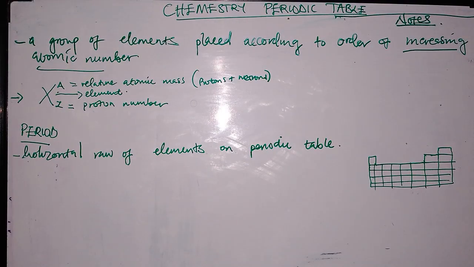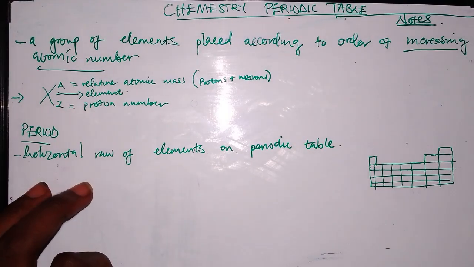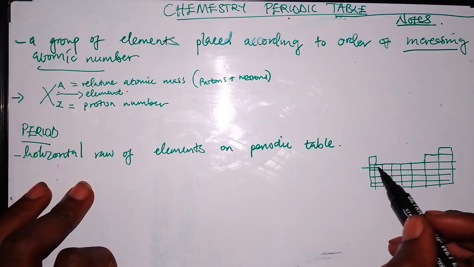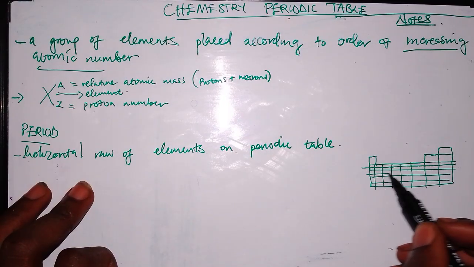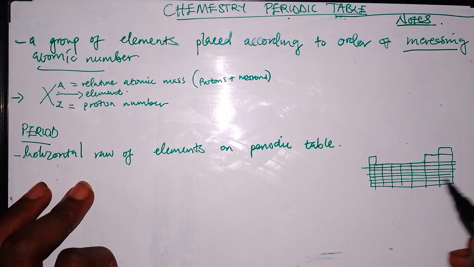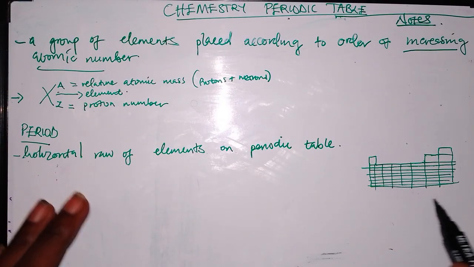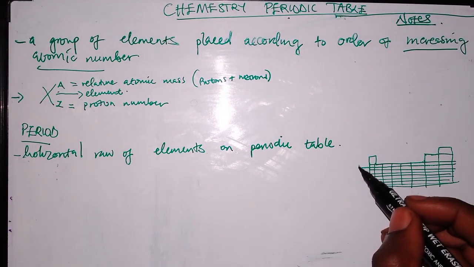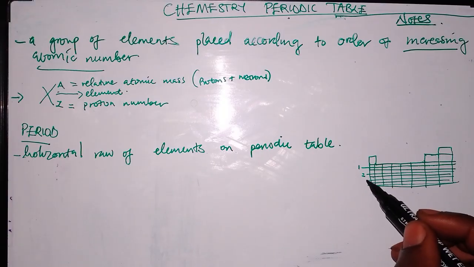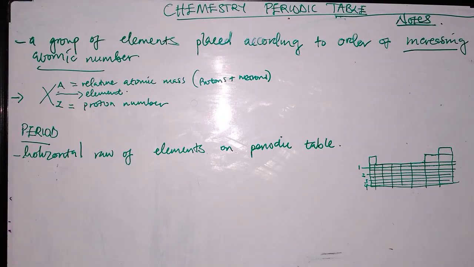When we talk about periods, by horizontal I mean these are the lines which go like this. So this is period 1, period 2, period 3, period 4, just like that.